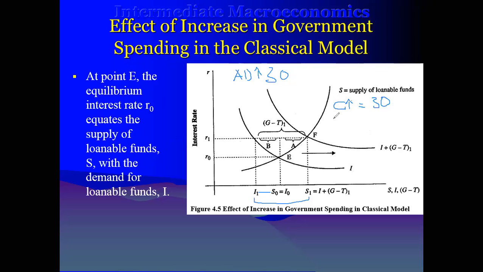Just assuming investment has fallen by say 20 units because of the increase in interest rate, it means that aggregate demand too is falling by 20 units. So that is this B part. The B part here is a fall in investment.